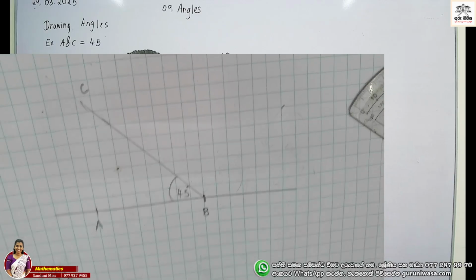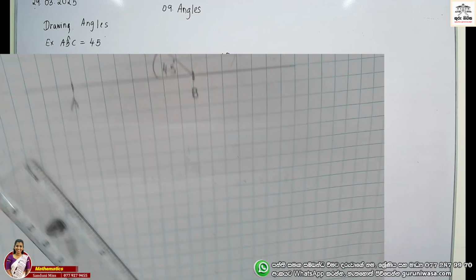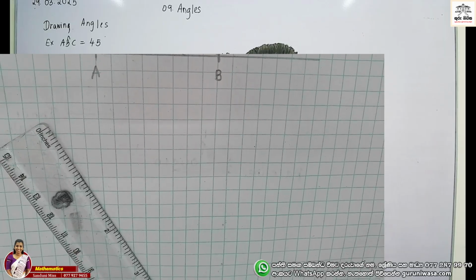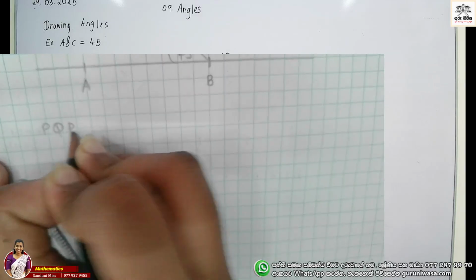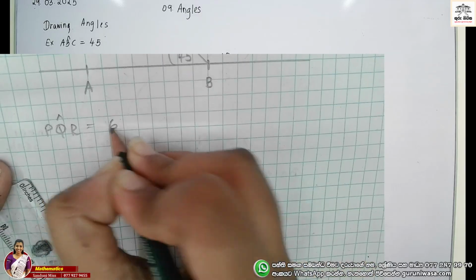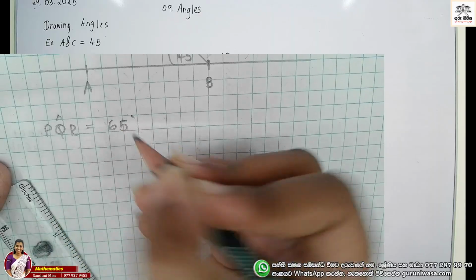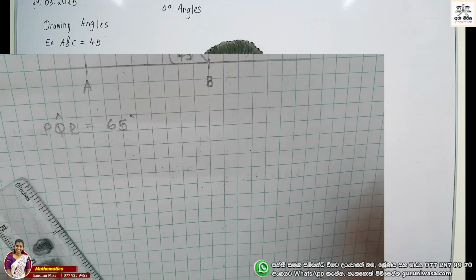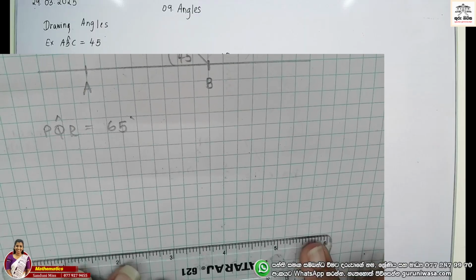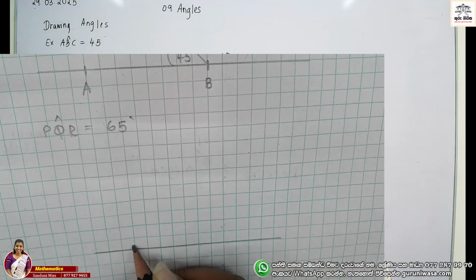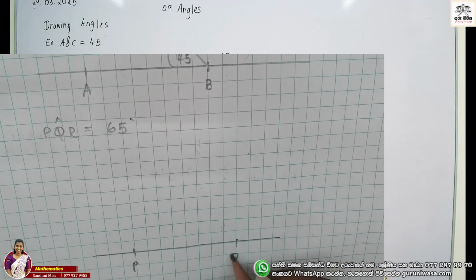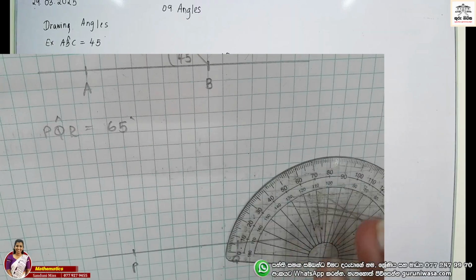Okay, right. Shall we draw another angle? We'll draw PQR equal to 65 degrees. Same way, draw a straight line and name it PQ.